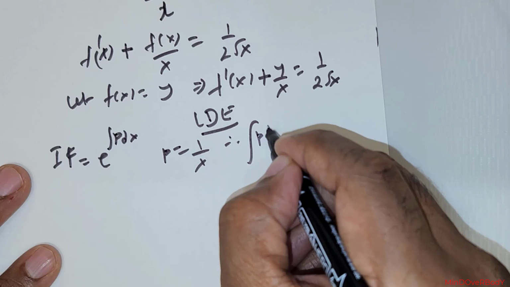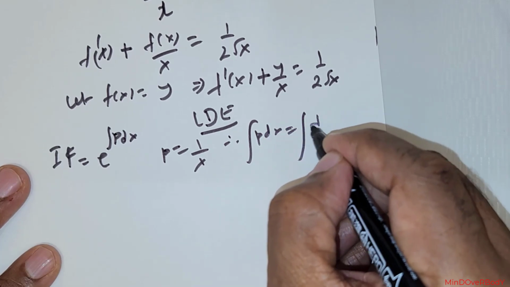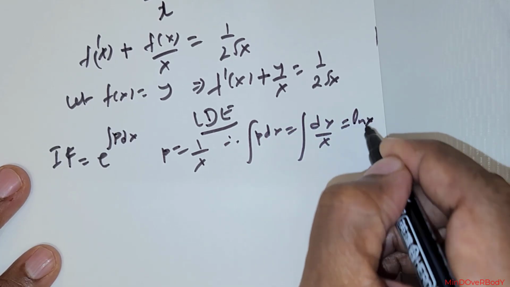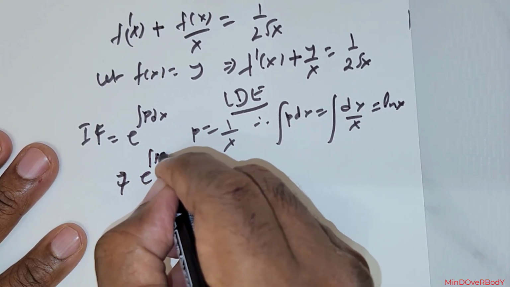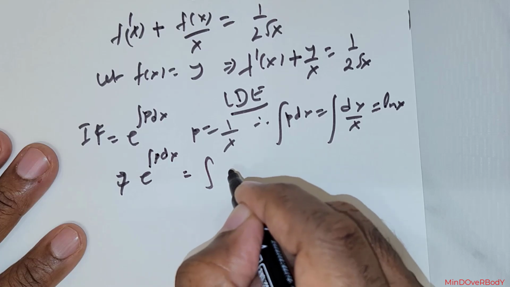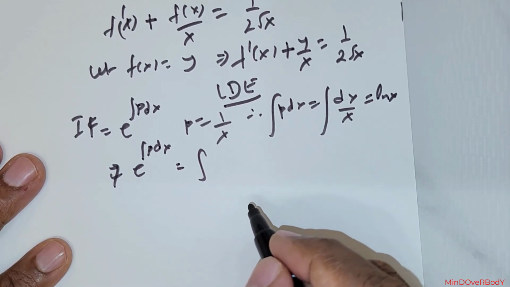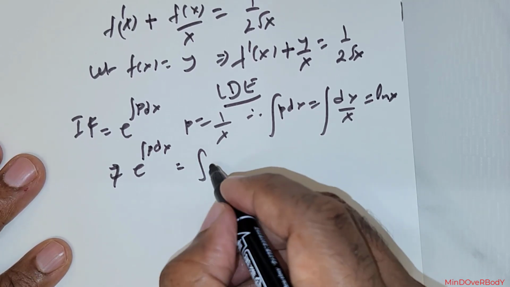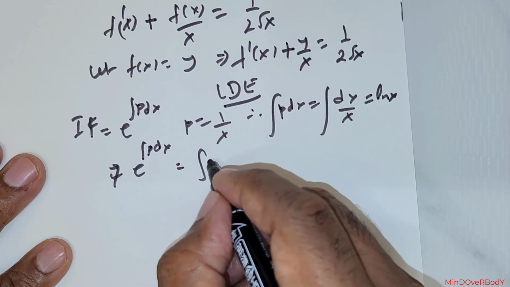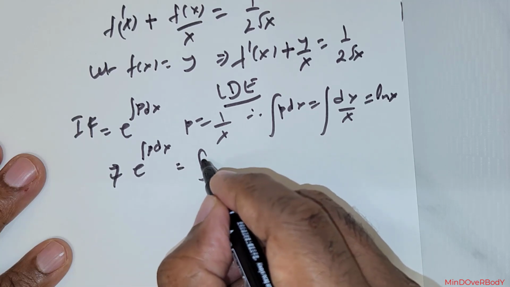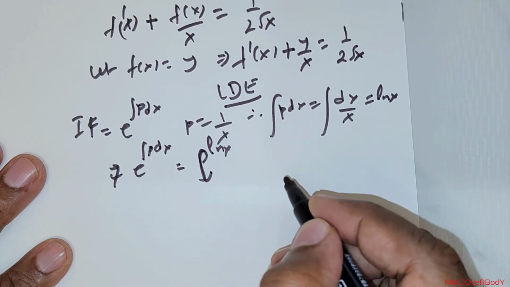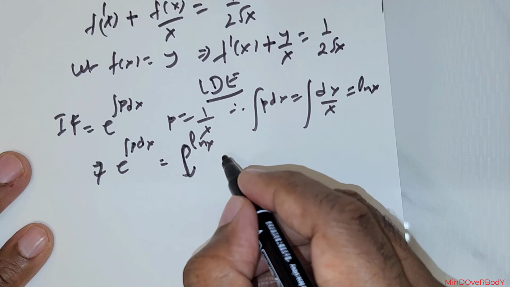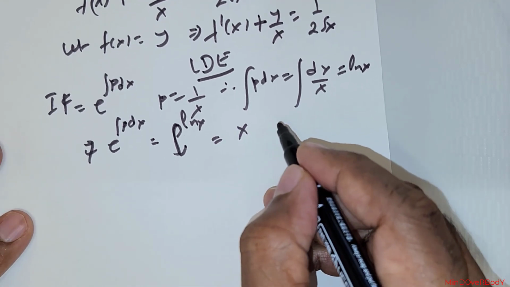So therefore integral of p dx is equal to integral of dx over x, which is nothing but ln x. So e raised to the power of ln x will give us x.